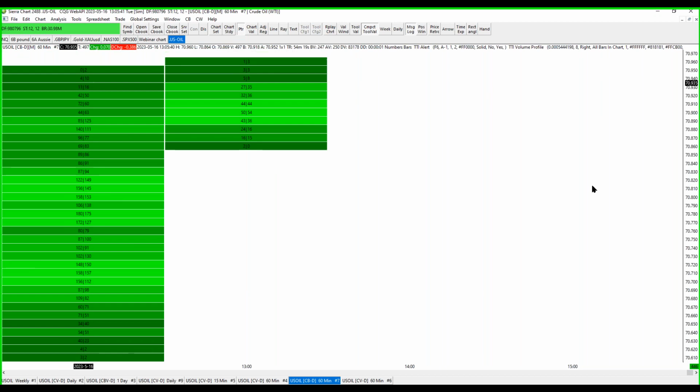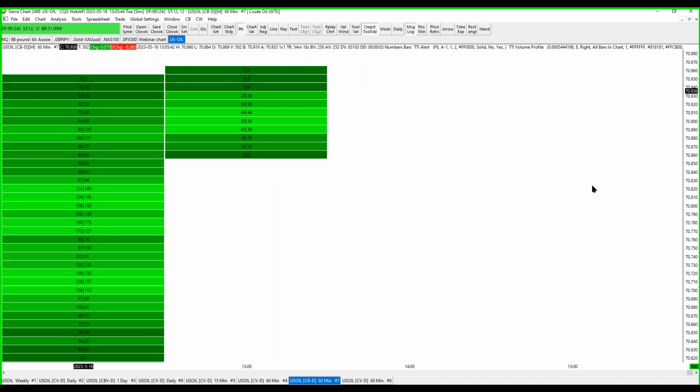Now, how can you assess volume within the last 2 hours? Reading the numbers, you would probably gaze at these numbers and say, okay, we have high numbers here, and high here, but would this help you in any way?